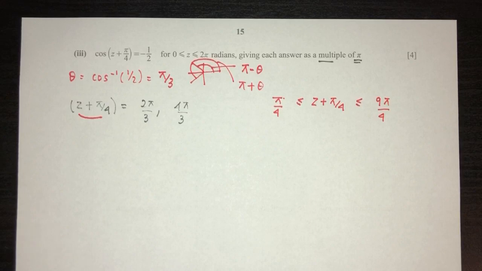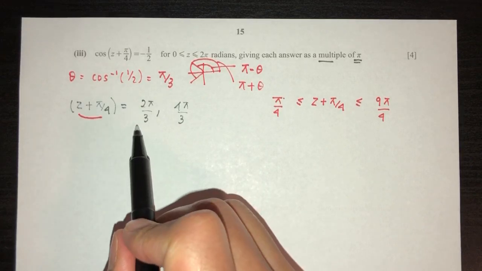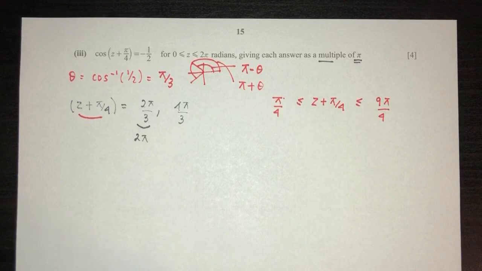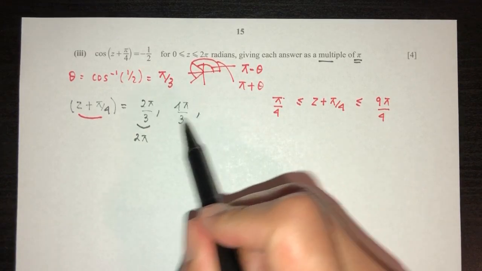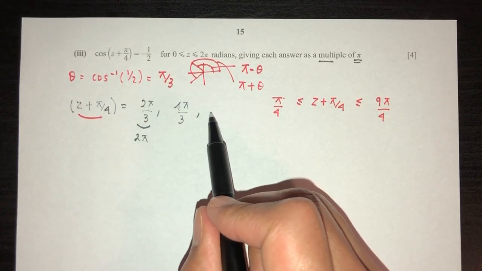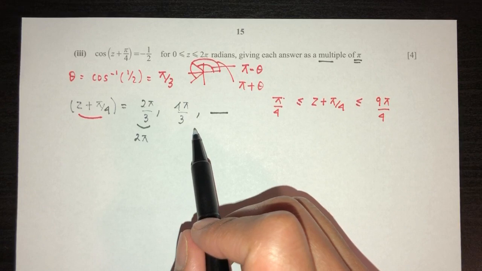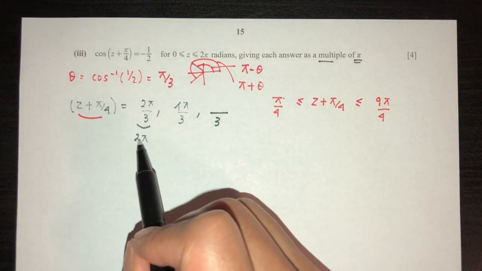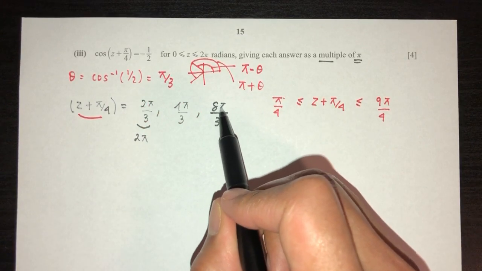Now we can try to see if there's any other values for your value of the angle. We can try to add 2 pi to see if it is inside or not. For example, it is only testing to make sure that we don't miss any values. Okay, so if you add 2 pi to this, the base will be 3 still, and then this will be 6 plus that will be 8 pi over 3.